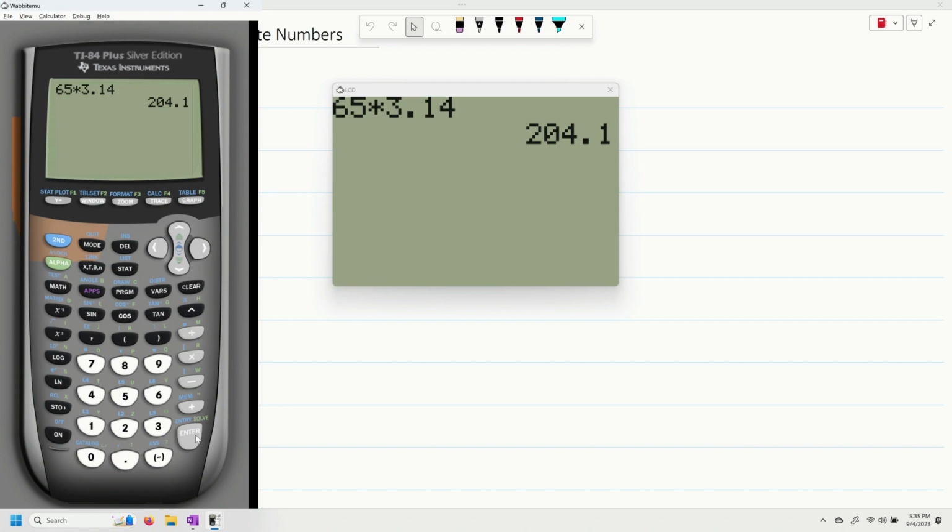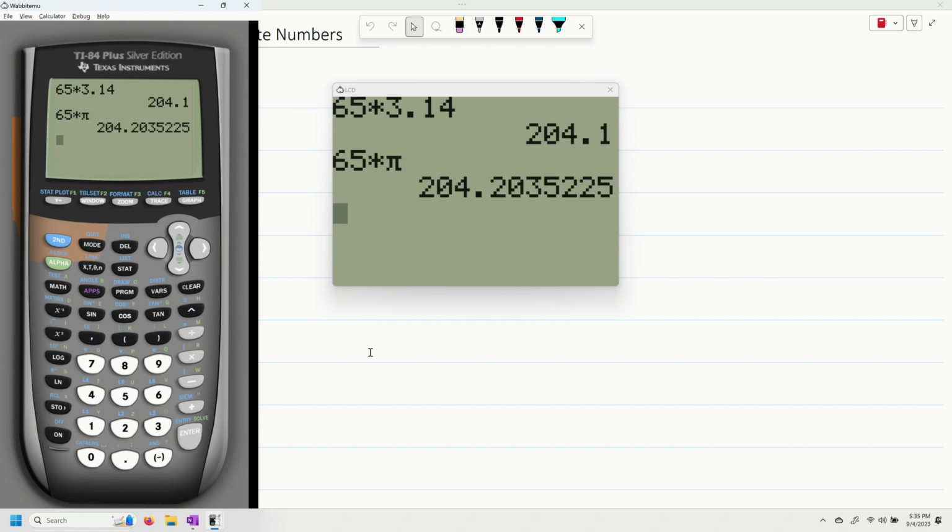That's exactly what it is. But watch how this changes. Same exact thing, 65 times, except this time I'm going to multiply times pi, which 3.14 is an approximation to pi. But if I use the actual number pi, here's what we get.